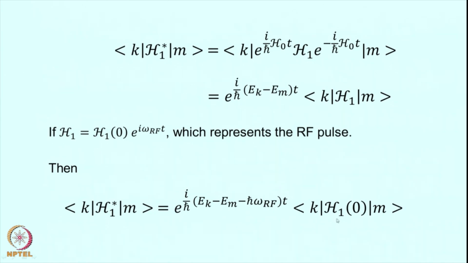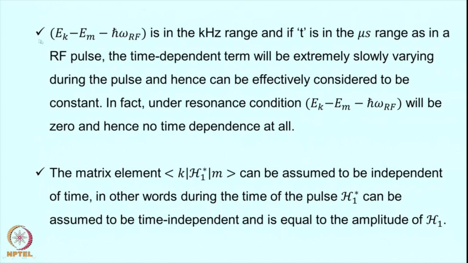So the time dependence is completely taken out, it comes in this term, and H1 0 is time independent, and this represents the amplitude of the RF at time t equal to 0, and during the pulse also the amplitude will not vary. Look at this, Ek minus Em is the energy difference between the two levels, and this is typically in megahertz, omega RF is also in megahertz, therefore this difference is typically of the order of your spectral range, which is in kilohertz range.